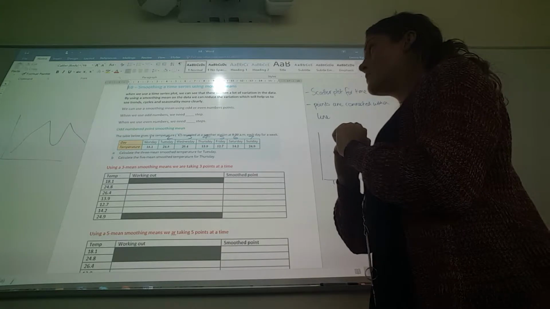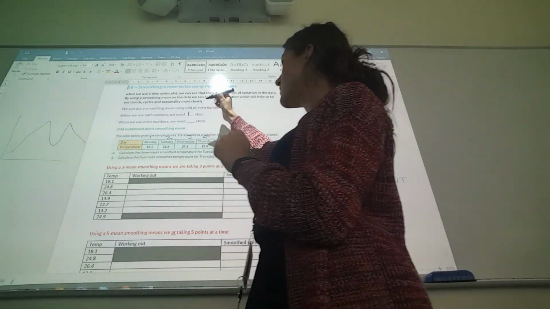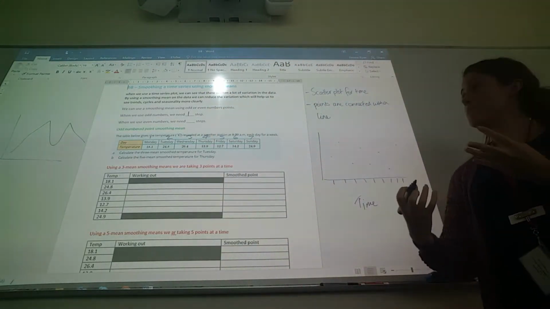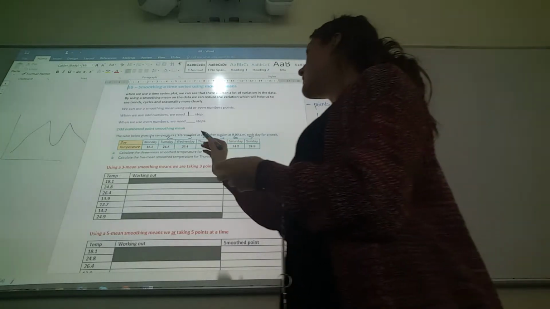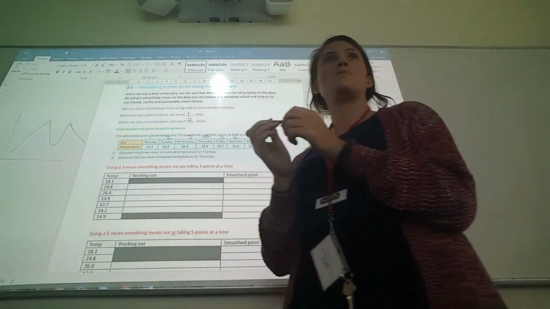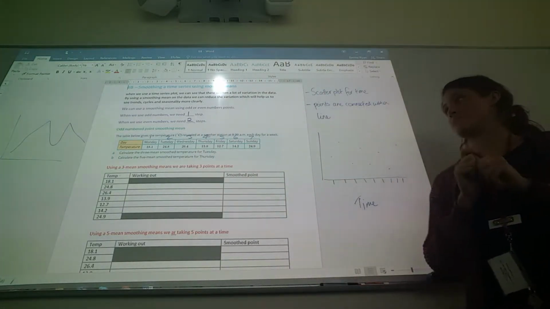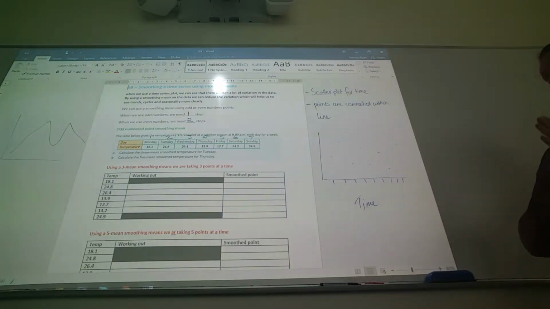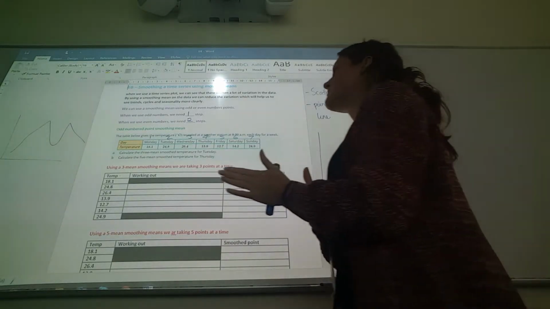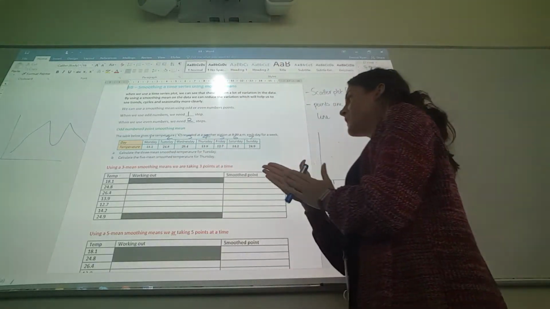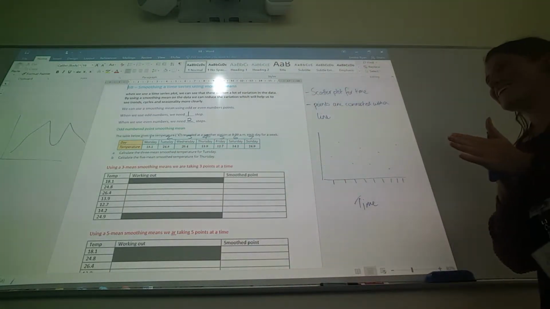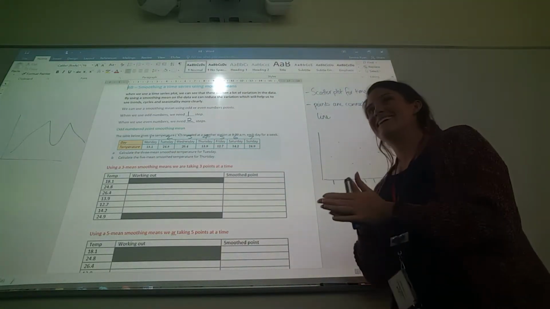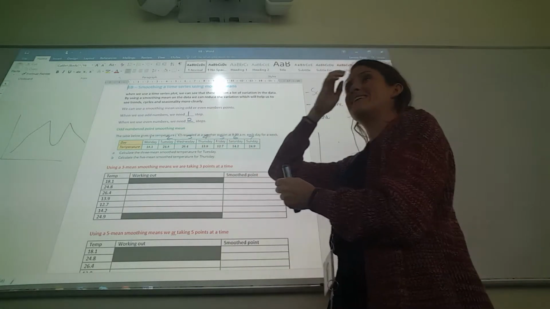When we use an odd numbered smoothing mean, there's only one step we need to follow, which is much easier. When we use even numbers, there are 2 steps. So we're going to start off using a 3 mean smoothing mean, which means an odd numbered one.